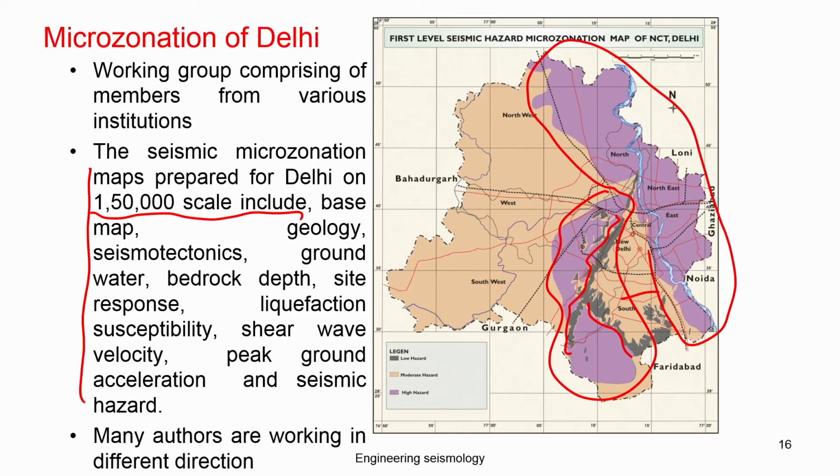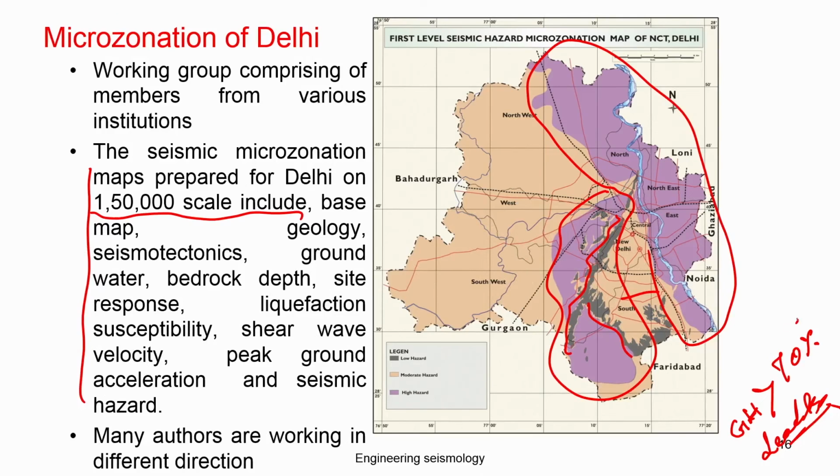When we discussed the different types of hazard, we saw that the amplification ground shaking hazard causes more than 70% of the deadly earthquakes in the world. So knowing this hazard is very important for any microzonation study.